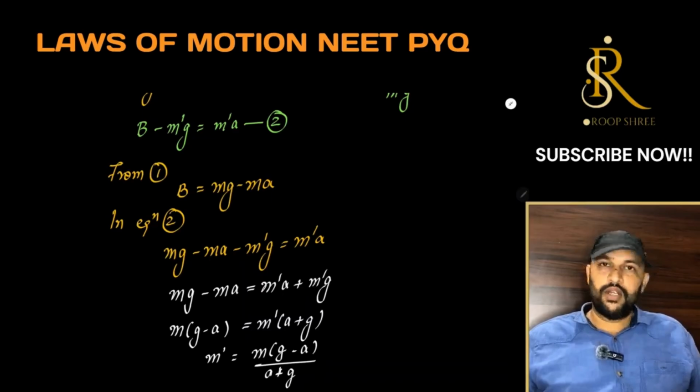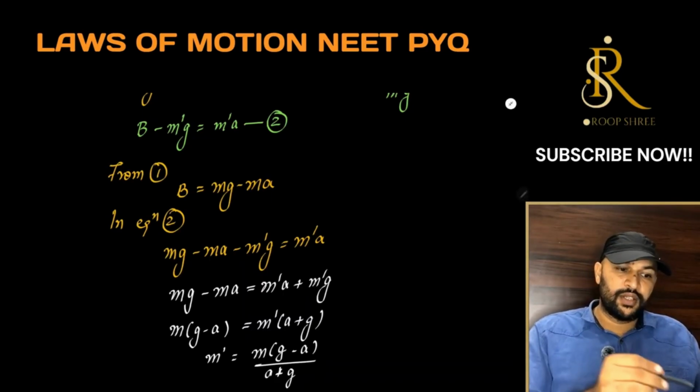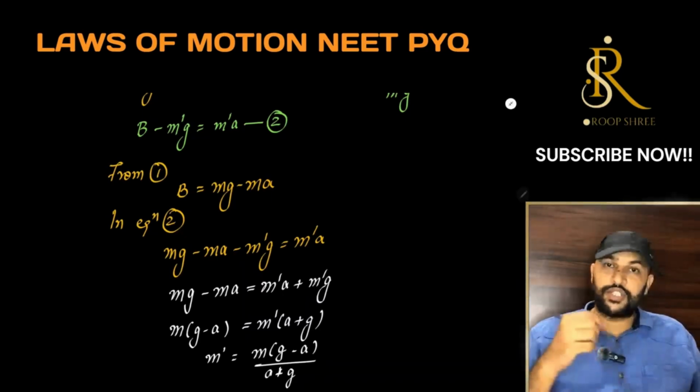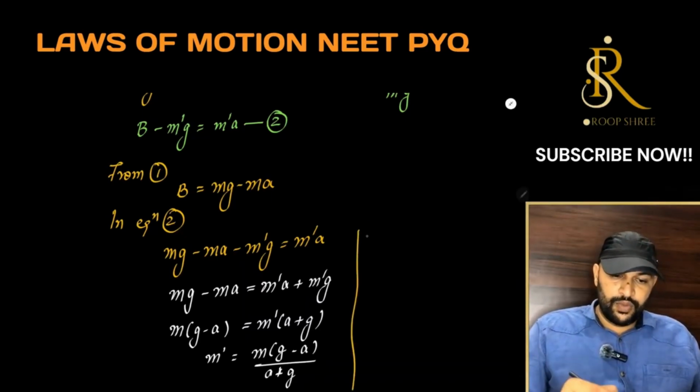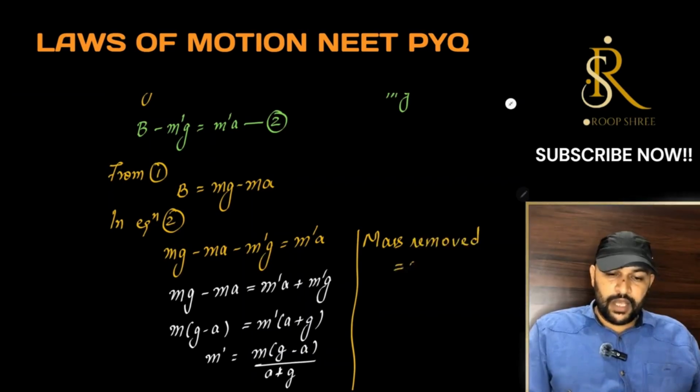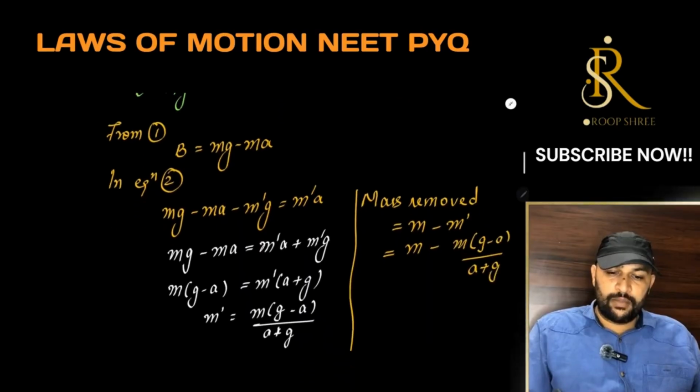Clear? This is our new mass, but they are asking how much mass is removed. So this is the new mass, not the mass which is removed. The mass removed will be the previous mass minus the new mass: m minus m(g minus a) divided by (a plus g).